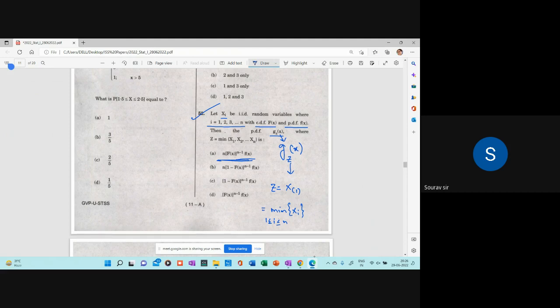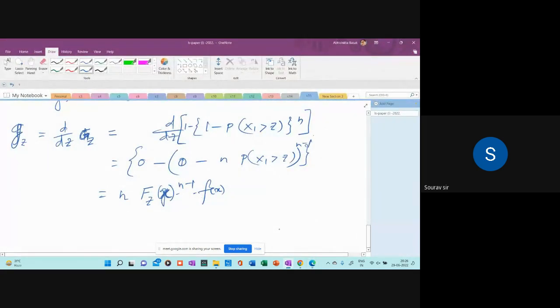Any queries? There was a jumble up in the notation because I have used my own notation. So if you want, you can use the notation given over here. So if you want, I can just explain it in a brief little bit again. Shall I explain it again?